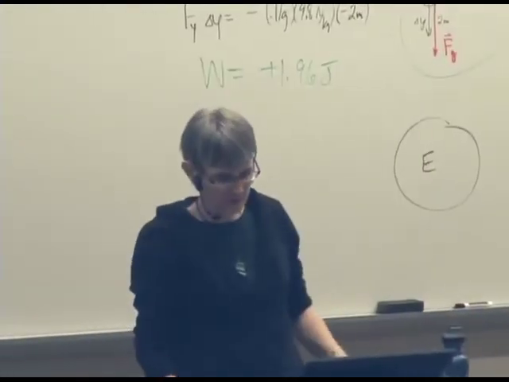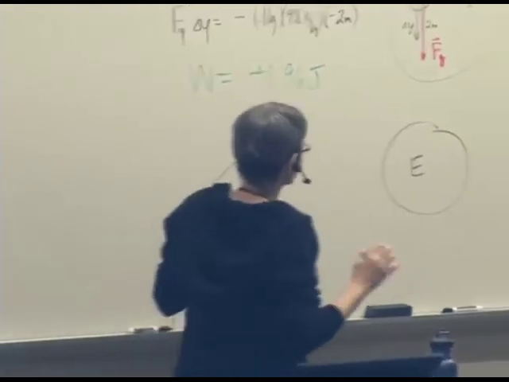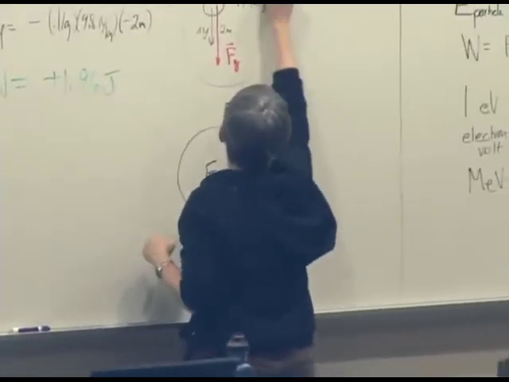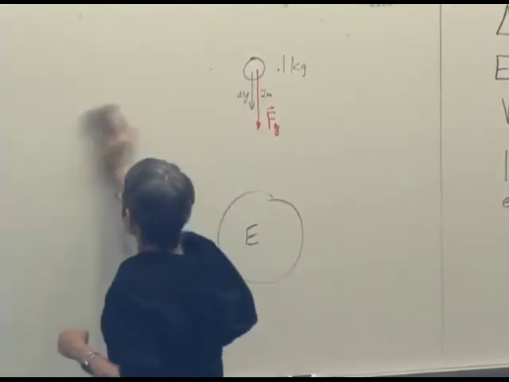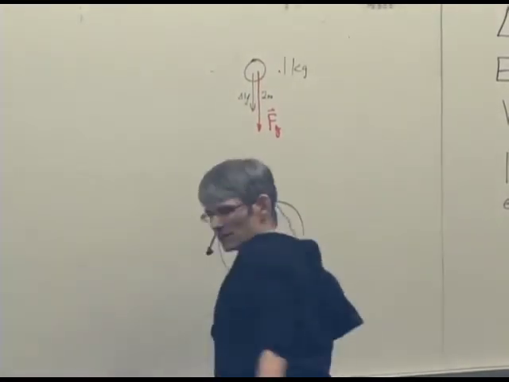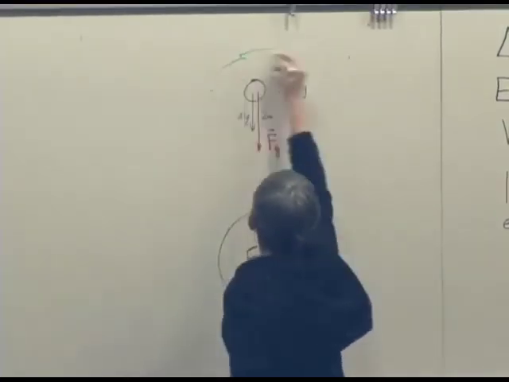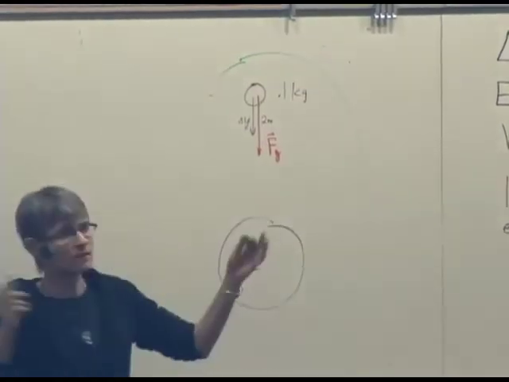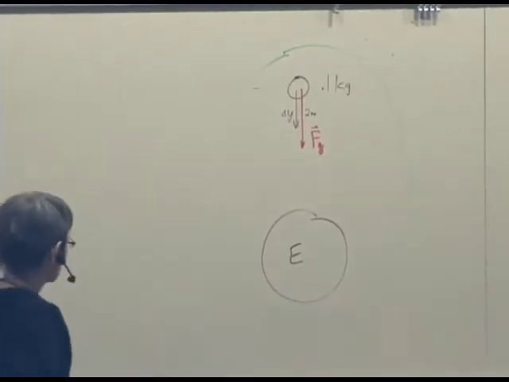Okay, simple, right? Now, we could also consider the system not just the ball, but the ball plus the Earth as the system. It's legal to take two objects as our system, just as we ended up doing in the neutron decay example, where we had a whole bunch of objects in the system in the second part.